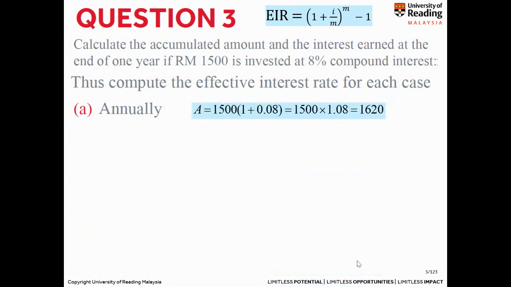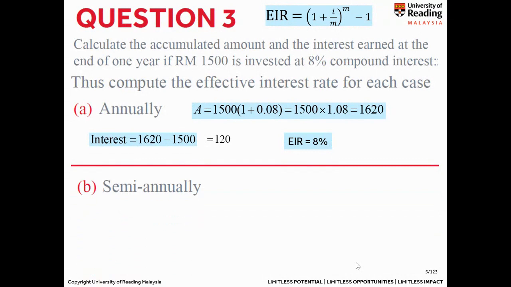Annually, the total amount after 1 year, you just use the same formula. You will get 1,620. The interest you get, after subtracting your principal, is 120. The effective interest rate is the same as the annual interest rate at 8%.